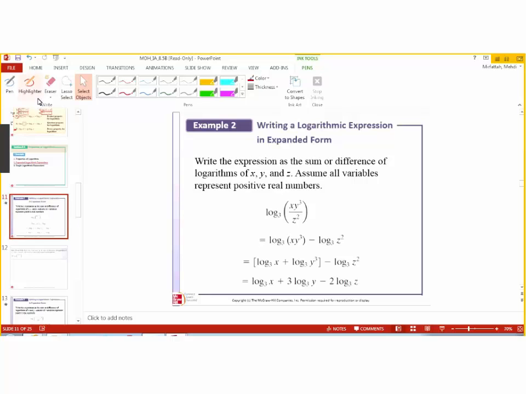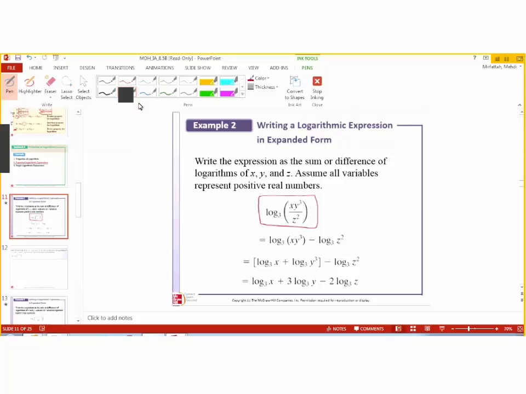Okay, this is a good one. You should be able to write the expression as a sum or difference of logarithms. So what we need to do is pretty much expand this, basically. In order to do this, we have to use those properties.